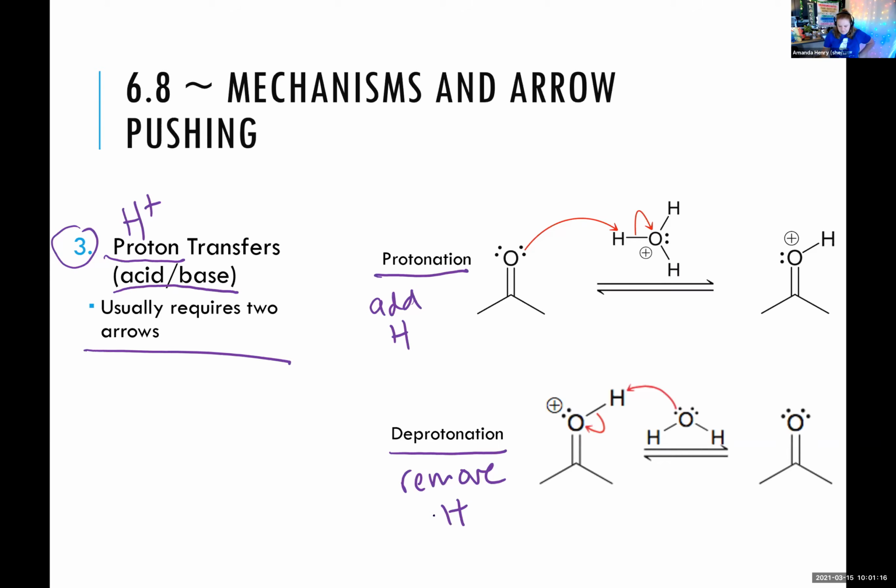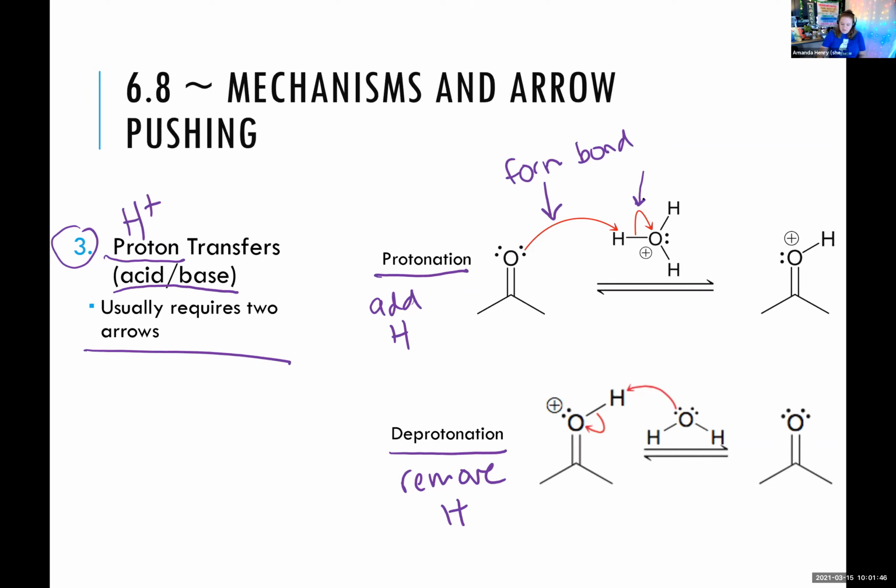So in the first example, this arrow right here, we're going from the lone pair on the oxygen to that hydrogen. So that is showing the protonation. This arrow is forming the bond between the oxygen and the hydrogen. The other arrow is showing the bond breaking. So we're using hydronium, H3O+, a really common hydrogen source for us.